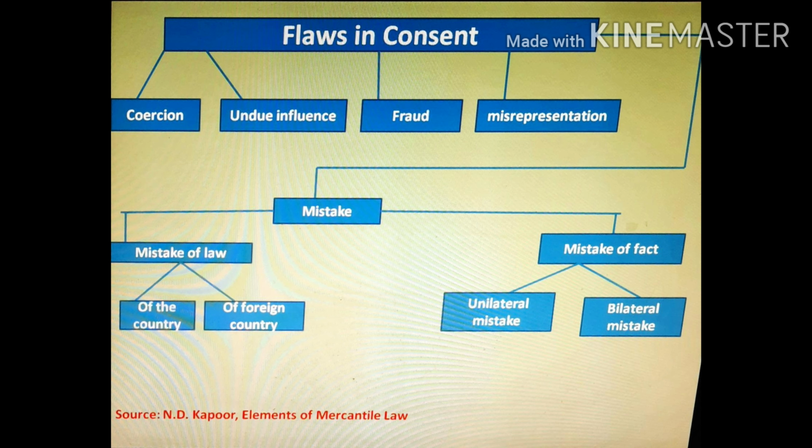Though the consent is not free, we are exempted from performing the contract when it is established with material evidence in the court of law that the mistake pertaining to foreign law is committed. Right? The contract can be absolved. I mean, the contractual liability can be absolved by the party committing such mistake.